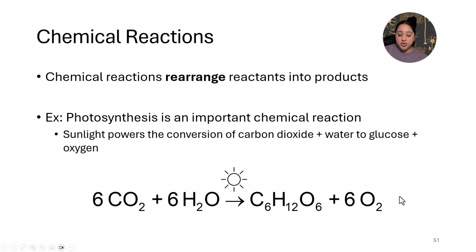Photosynthesis is a really important chemical reaction where you take carbon dioxide and molecules of water, and sunlight powers the conversion of this carbon dioxide and water, rearranging the atoms into glucose and oxygen. They're all very different molecules, and this is overall one big chemical reaction that actually happens in a bunch of different steps, but this is the big picture reaction.